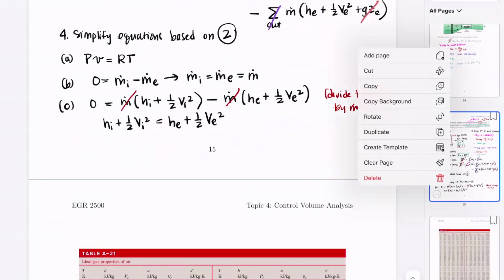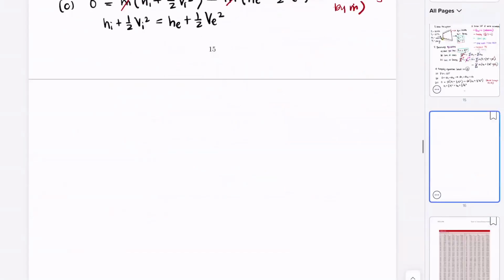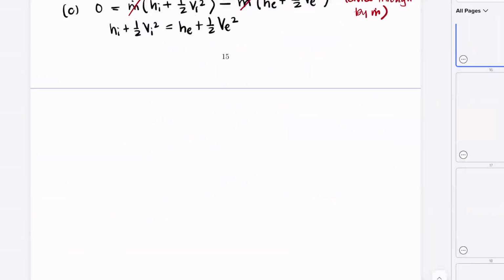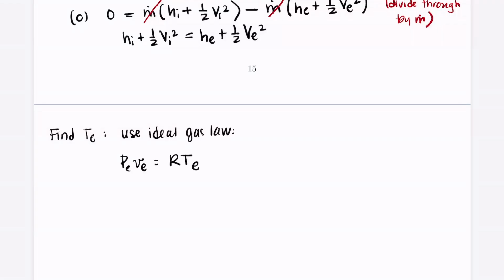Sorry, I'm just going to add another page here. There shouldn't be too much more work, if you want to work in the margin underneath the table there, if you've run out. Okay, first we're going to find TE, using the ideal gas law. We have that PE VE is equal to R times TE.